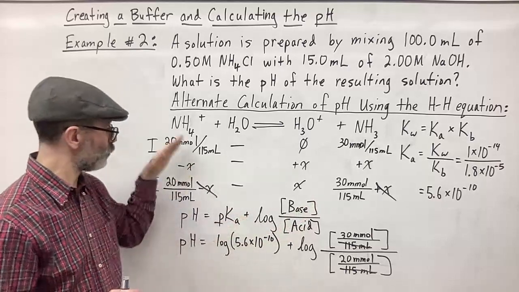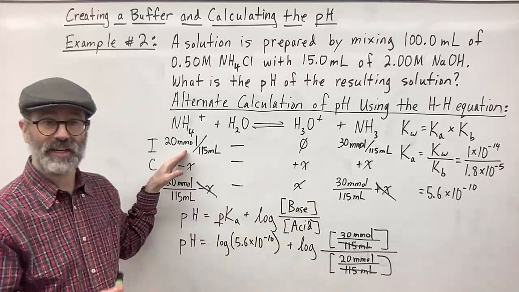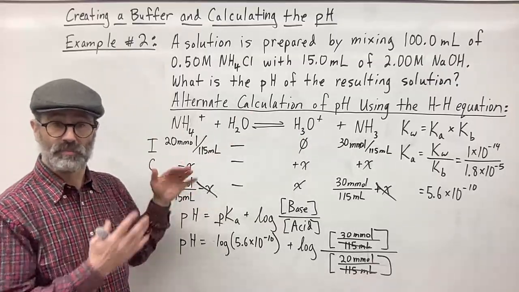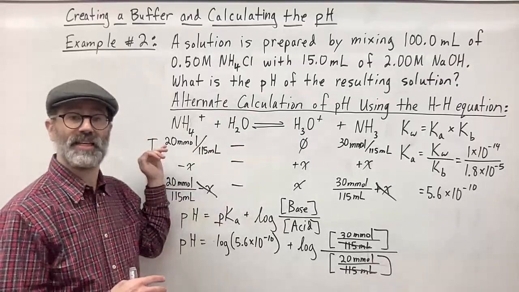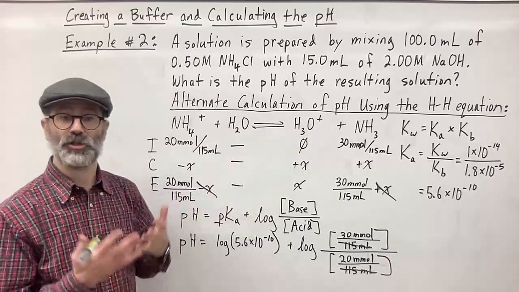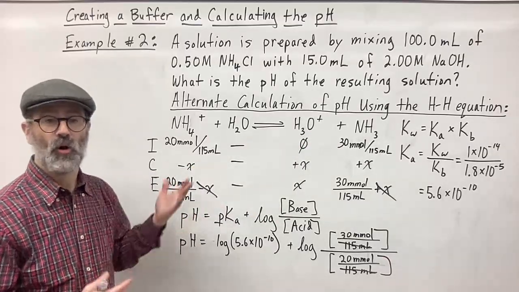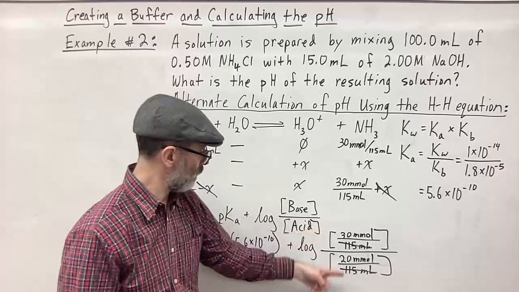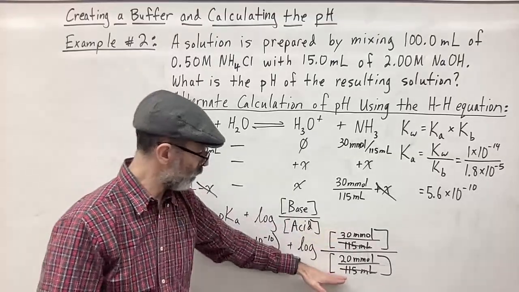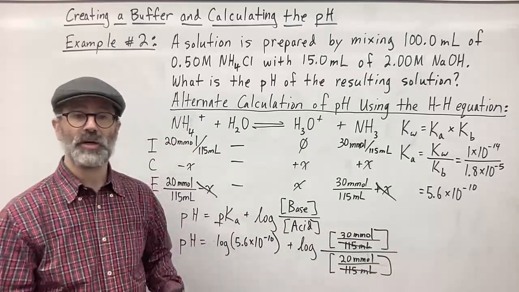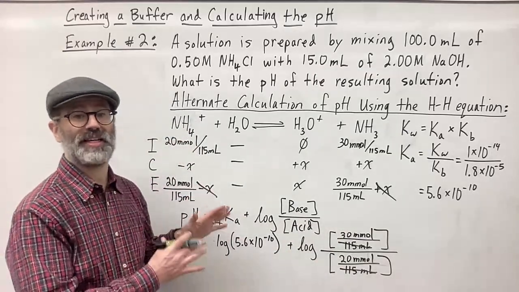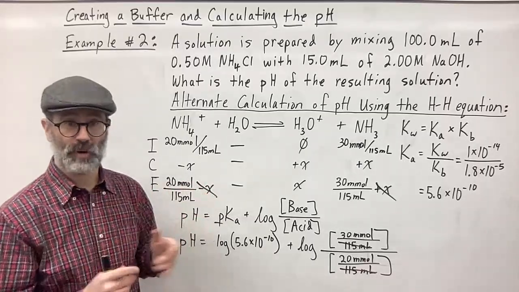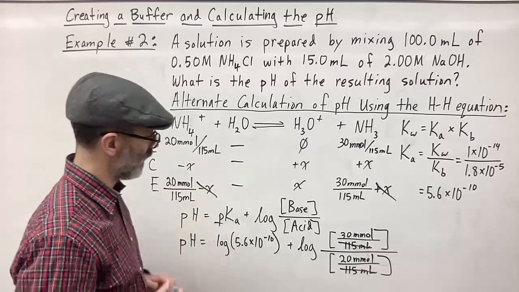You don't have to actually calculate the molarity again if you've already got millimoles after you've done the first part, the stoichiometry part, where you did your IF table or your ICF table first. Then you could just plug in the millimoles here, base over acid, and then do the calculation. But again, this only works if the 5% rule is valid, if the x is small approximation is valid, which in this case it is.